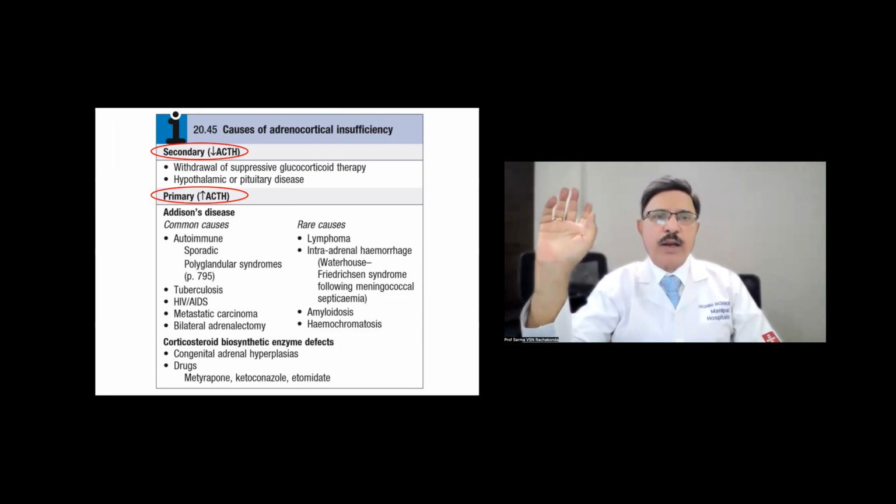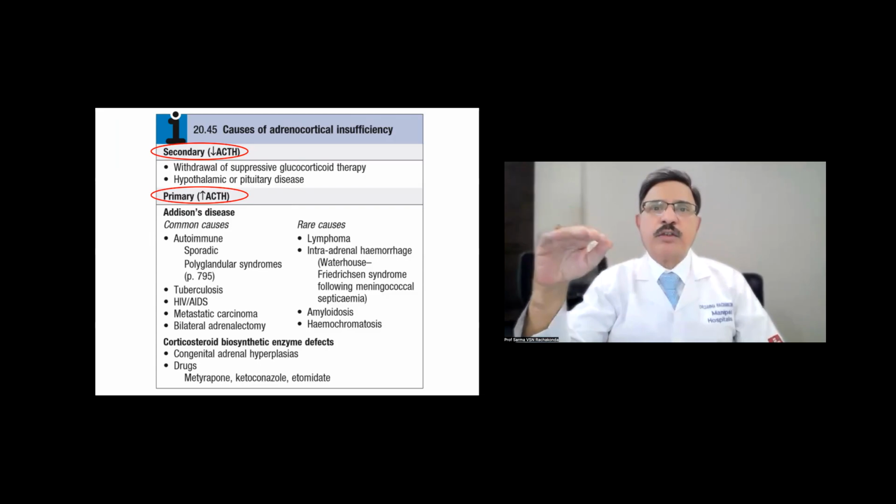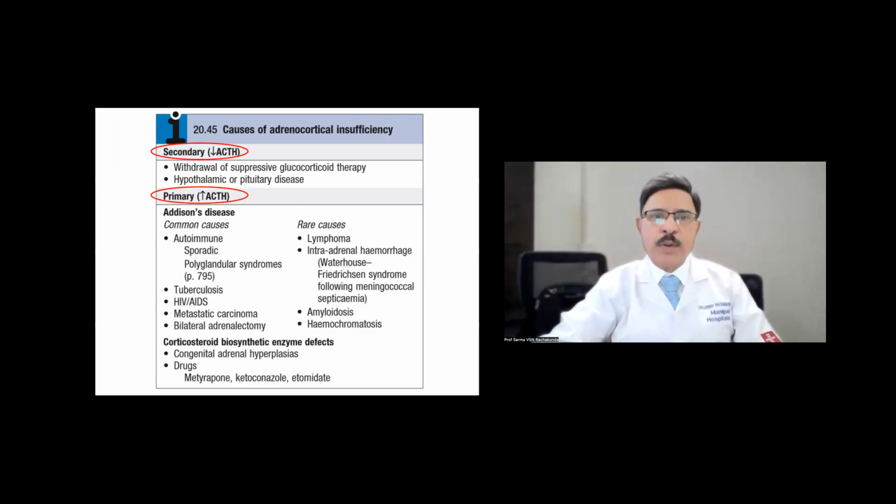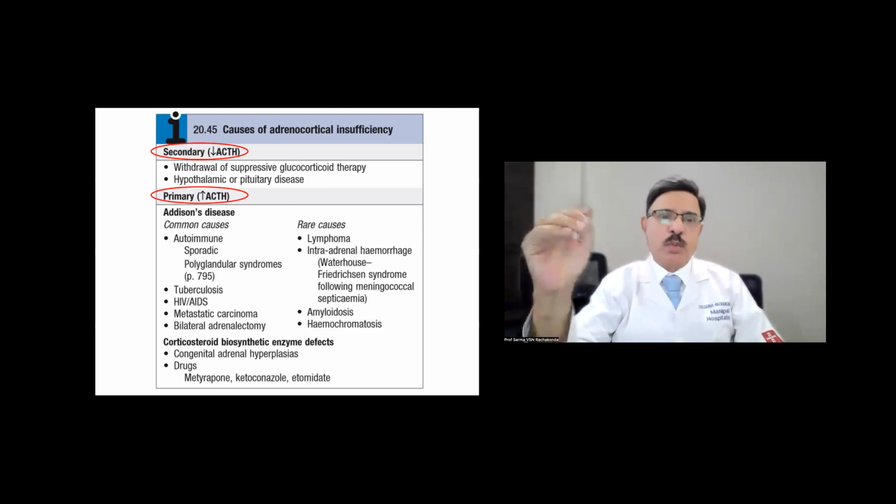Secondary is very common. 90% is secondary, due to either pituitary disease or withdrawal of suppressive glucocorticoid therapy. Primary is what is listed there: Addison's, common causes, autoimmune, sporadic, polyglandular syndromes, TB, HIV, metastatic cancer, bilateral adrenalectomy. Rare causes are lymphoma, intra-abdominal acute hemorrhage or apoplexy due to Waterhouse-Friderichsen syndrome following meningococcal septicemia, amyloidosis, and hemochromatosis.